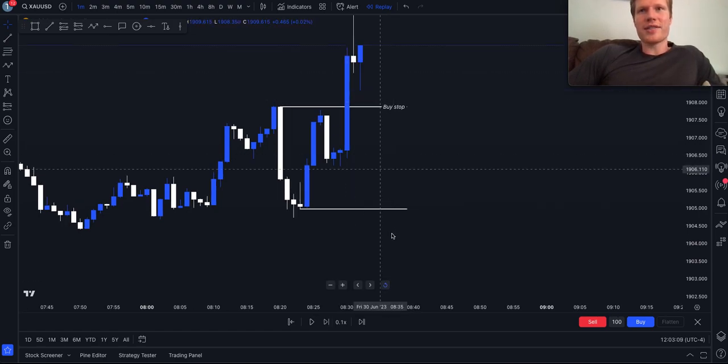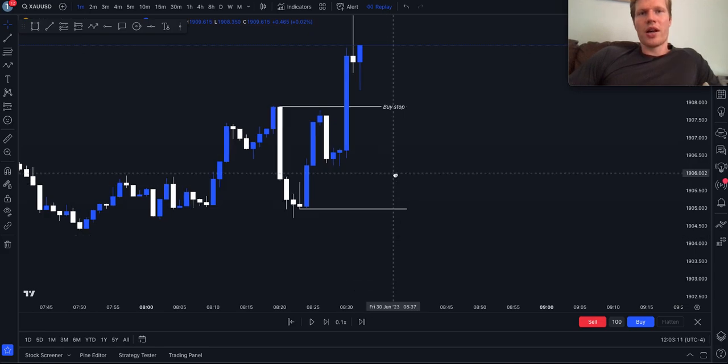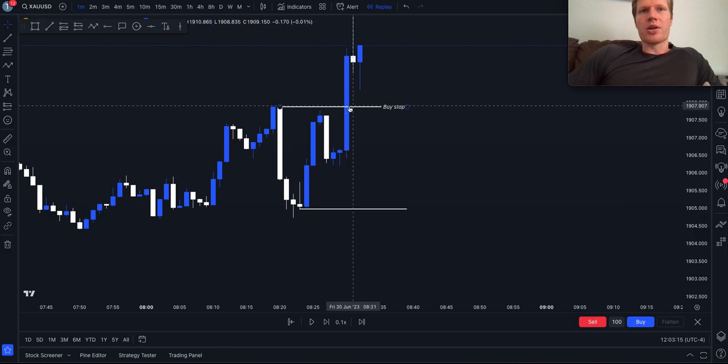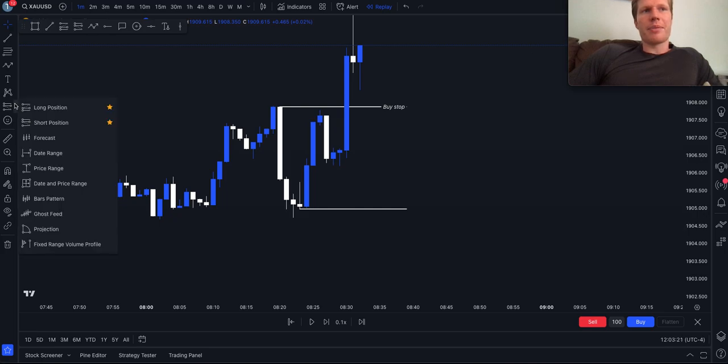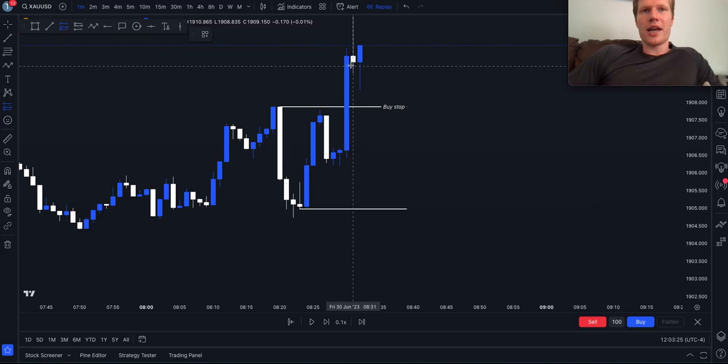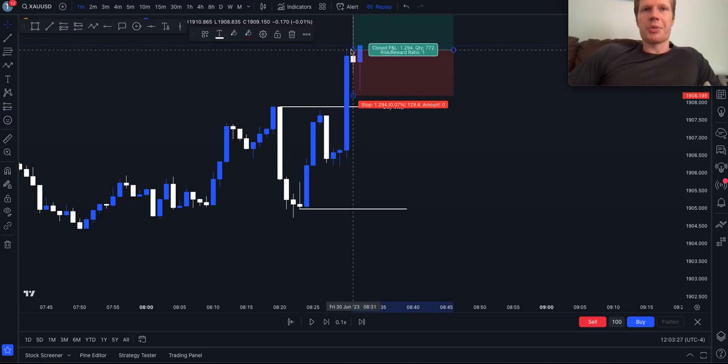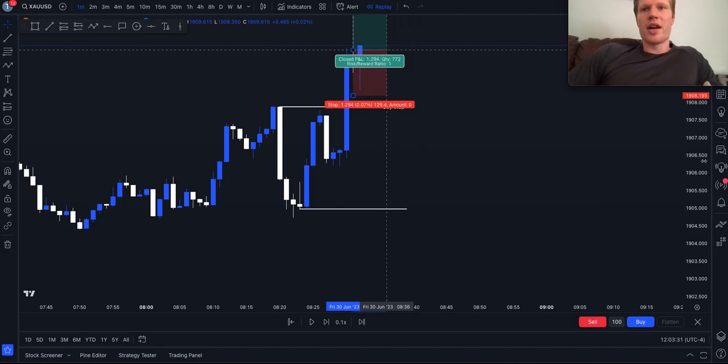What you would estimate is that I would have made money on this, right? Price would have activated me here with the buy stop and would have gone up, and I would have had a winning trade. But in reality, what ends up happening is you don't get your entry here. You end up getting your entry up here, because of slippage, because of spreads. And it happens every single news event.